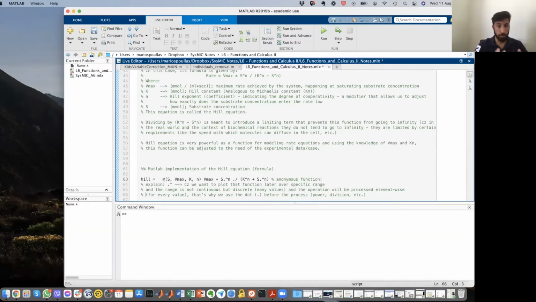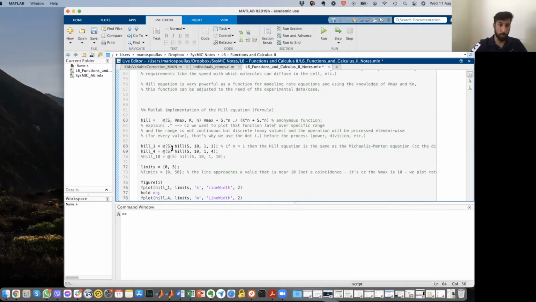That's why we use the dot before the operation, before the power or the division, in order for the division, for example, to occur for every single value. Otherwise, if we don't use the dot, this operation is not going to work as we want it to.